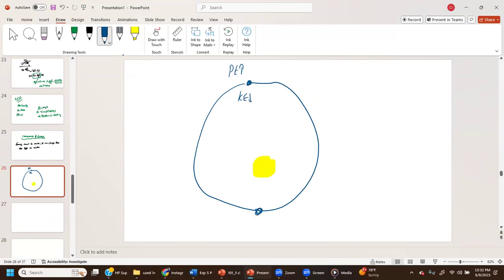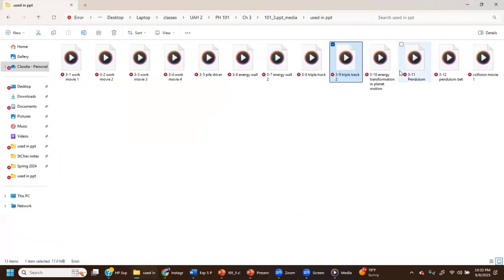When it gets closer to the sun, that means you have faster, higher kinetic energy. That means your potential energy will go lower. So you're going to change from potential to kinetic. I think I have a movie to look at about this.